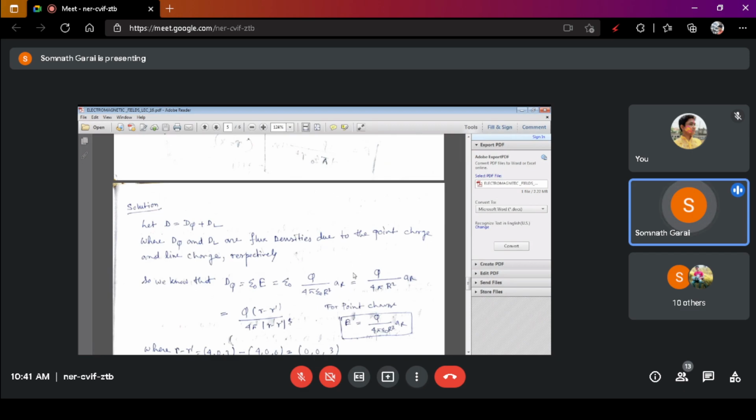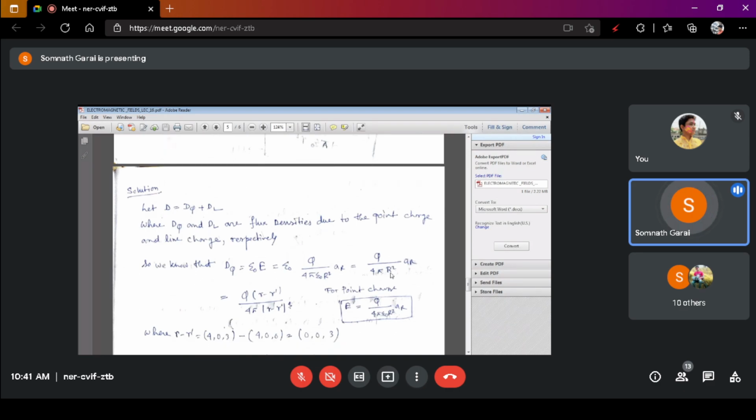It is already calculated, right? Now D_Q is equal to, epsilon naught is cancelled out, so D_Q is equal to Q by 4 pi r square into AR, because for a point charge the electric field intensity E is equal to Q by 4 pi epsilon naught r square into AR, right?